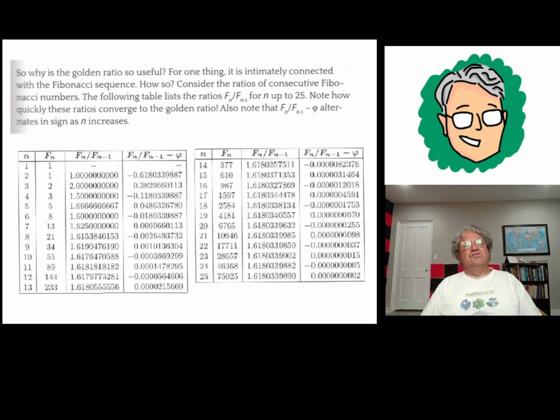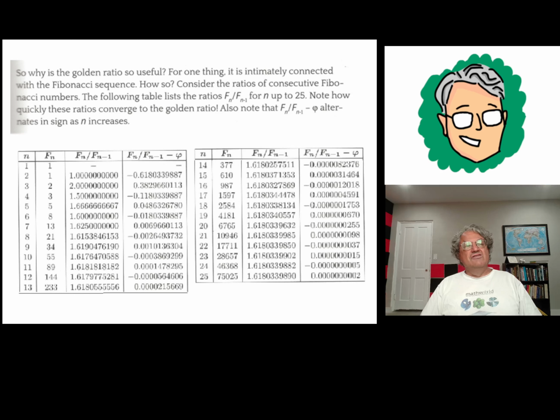That's what I'm calculating in this third column. You'll notice something interesting about these ratios. First of all, they converge, and they converge pretty quickly. It turns out they converge on the golden ratio. That's why the golden ratio is important in its connection with Fibonacci numbers.